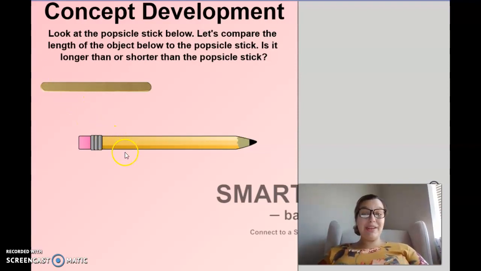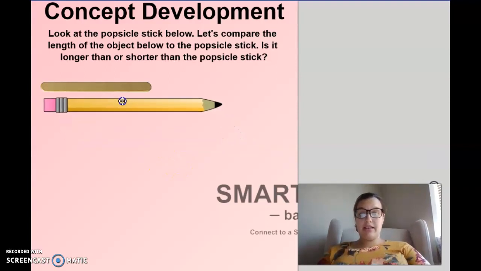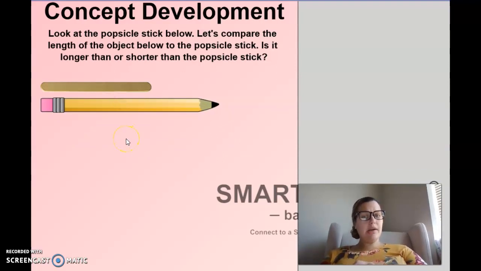Yes, we need to move the pencil and the popsicle stick to the same starting point, right? For that accuracy. There. Now can you tell me which one is longer? The pencil. Look, the popsicle stick stops here, but the pencil goes out further. So the pencil is longer than the popsicle stick.